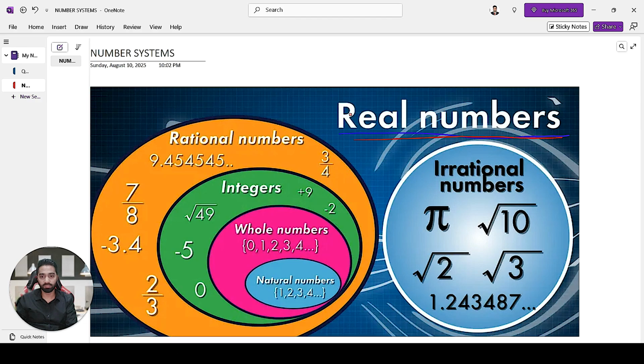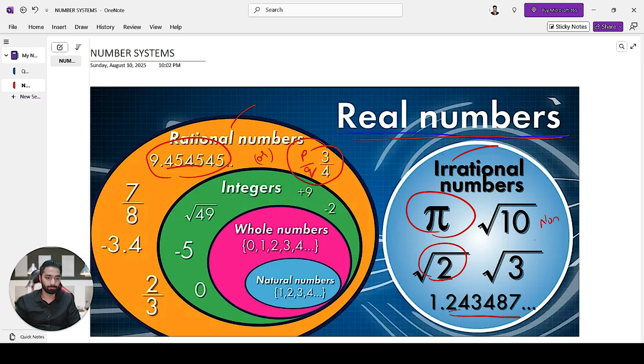So within real numbers, we have rational numbers and irrational numbers. Irrational numbers are the ones, for an example, pi, root 2, and so on. Rational numbers are the ones which have a pattern and which are in p by q form. Okay, which have a pattern that ends or repeats. For irrational numbers, the decimal never ends, and the pattern doesn't repeat.